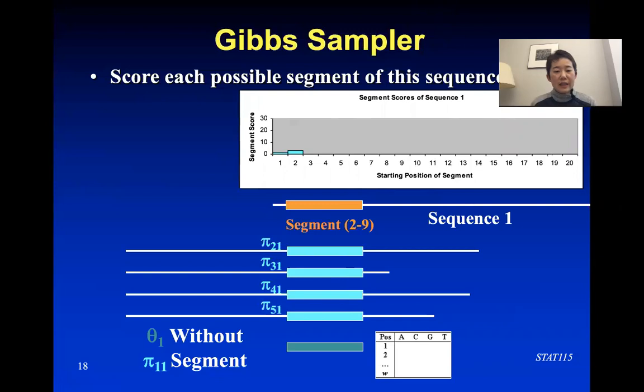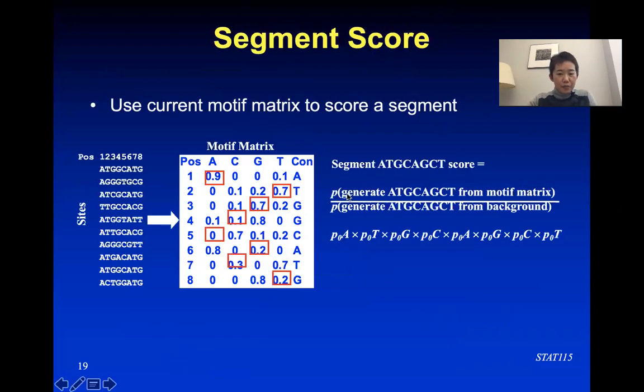So how do we give the score to each segment? Again, we use this likelihood ratio. Given the sequence, we have the matrix, we calculate the probability of this particular sequence coming from this location in the matrix, divided by the probability of seeing the same word from the genome background.